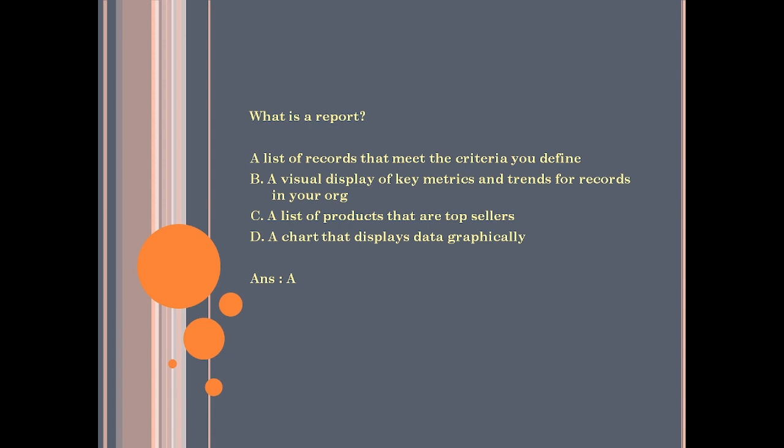The last two are wrong answers. Coming to A and B, A is a list of records that meet the criteria you defined as per the filter criteria. B is a visual display, but a report is not a visual display. It's just the list of records that meet the criteria you define. So the answer is A.